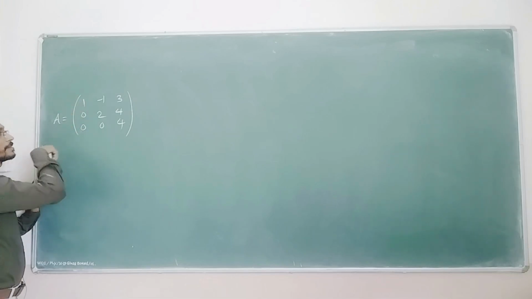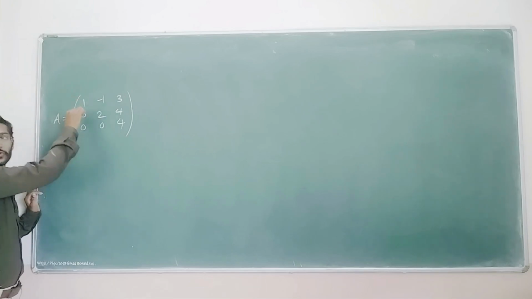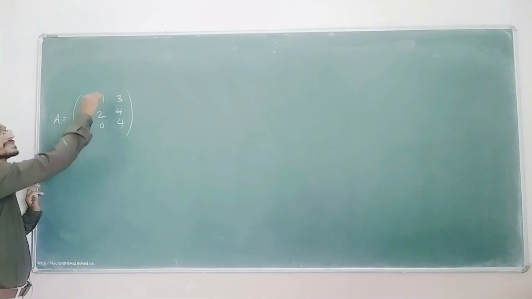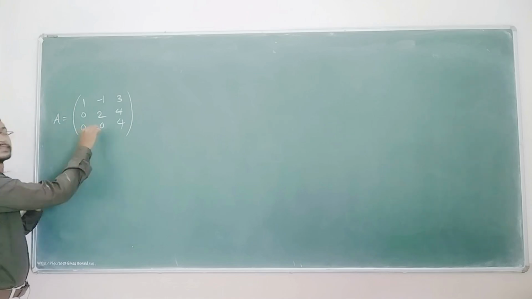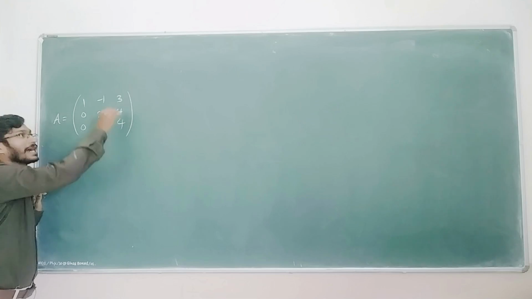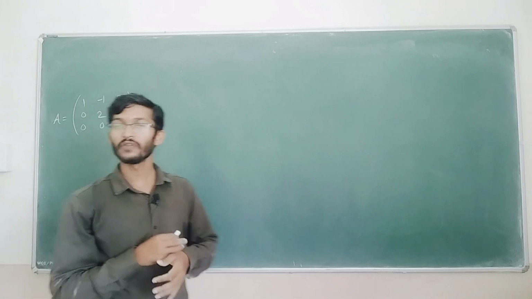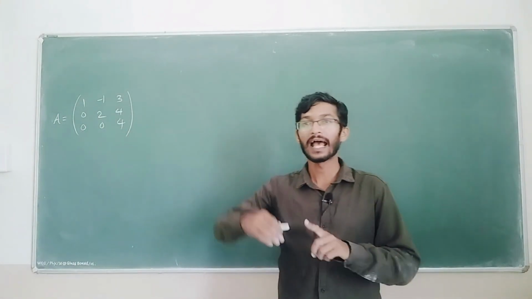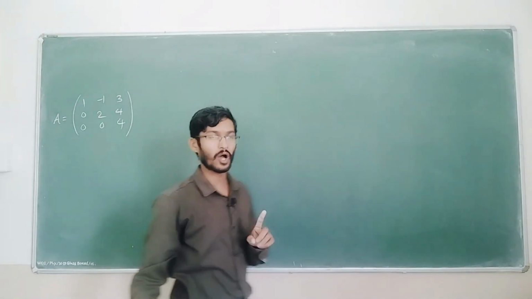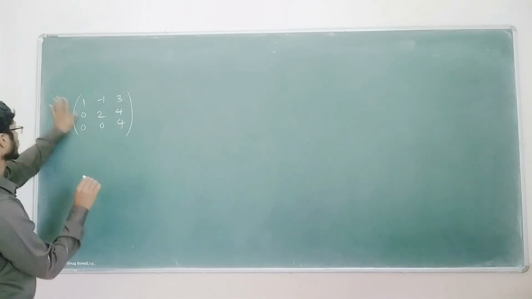Then we will make this element equal to 1 using first row, and then using this we will make this 0 and this 0, and in the end we will make this element first equal to 1 and then the remaining. So in any row or any column, we will first try to make the element which has to become 1, and then using that we will make the other remaining elements equal to 0. So I will make changes here itself.